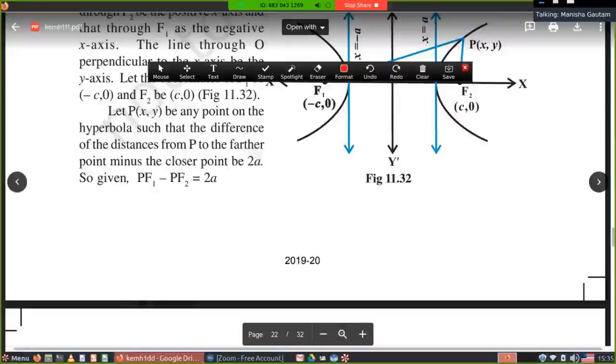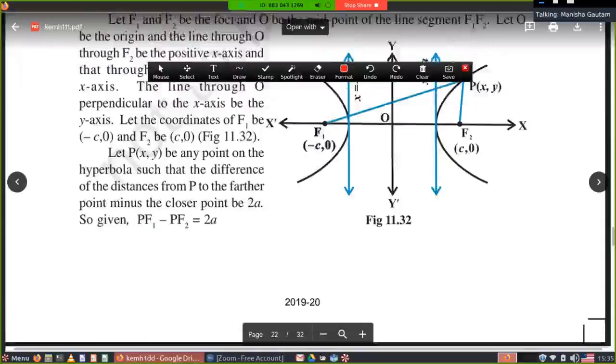Just note it down, I'm drawing the table. It is a table of hyperbola. The same table you can learn for ellipse also. You can make your own. I will just give you an idea with the hyperbola, then you will get an idea of the ellipse also. You can frame the table like this.